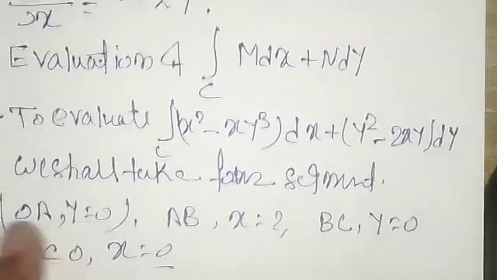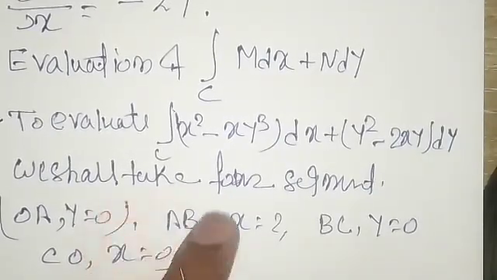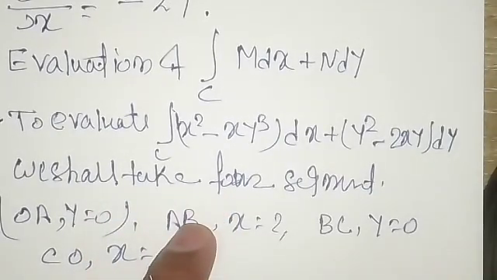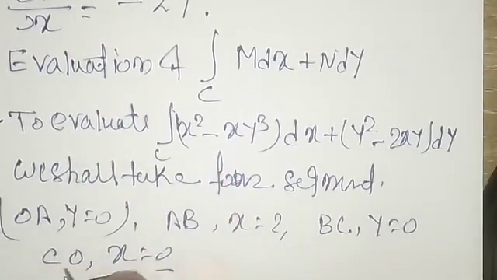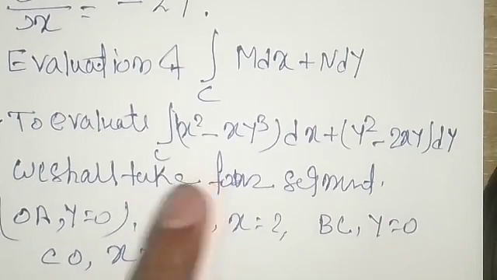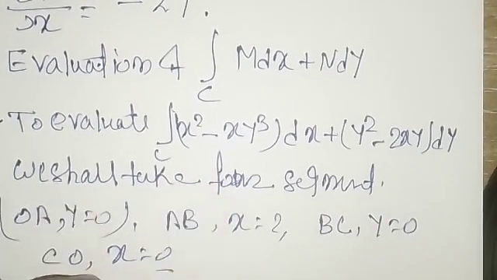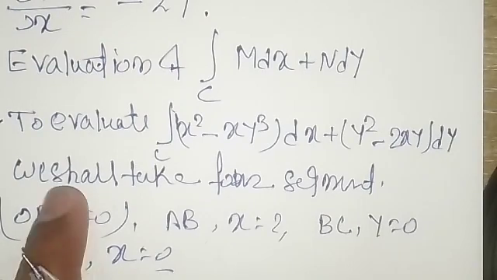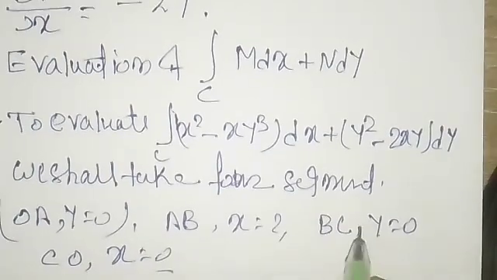So OA is one segment, AB is one segment, BC is one segment and CO is one segment, forming the square.